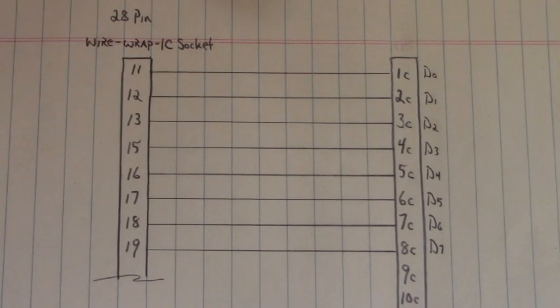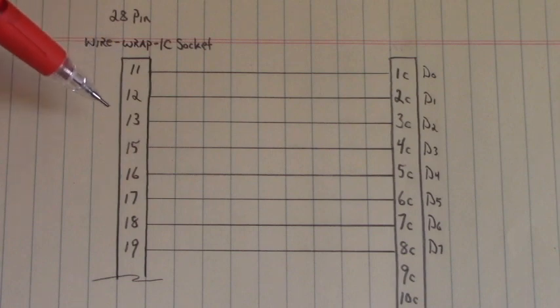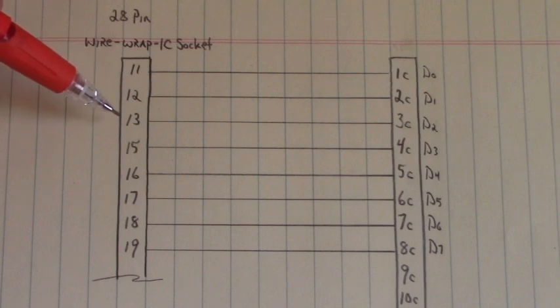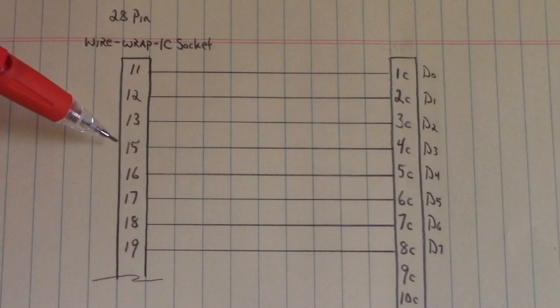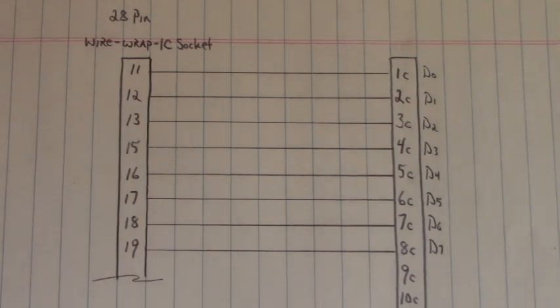Now, here's the 28 pin wire wrap IC socket, and if you were to pull up a data sheet, you would see that 11, 12, 13 is data bit 0, data bit 1, data bit 2, 15 is data bit 3, 16, 17, 18, and 19 are data bit 4, 5, 6, and 7. Now they attach to our 3-row connector.